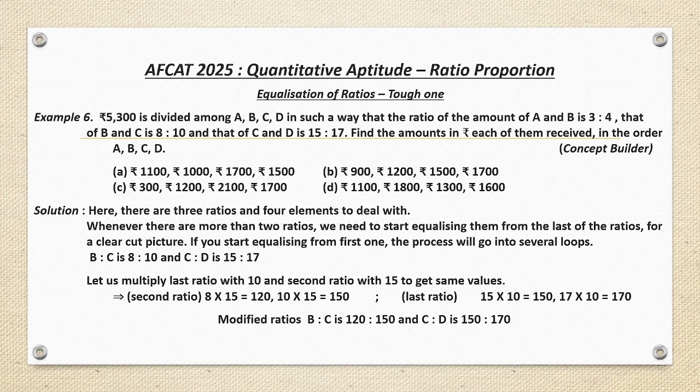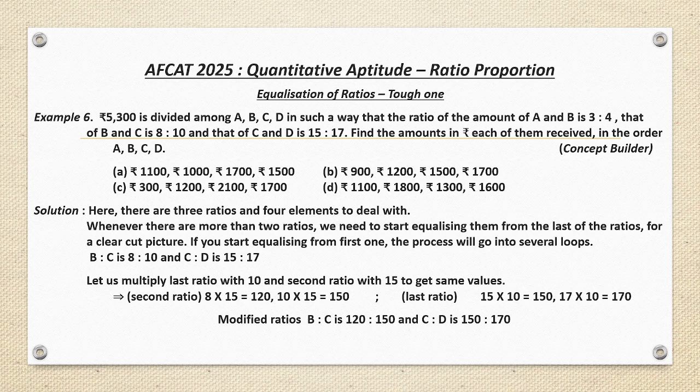So 8 into 15, we have got 120, and 10 into 15, 150. That is the second ratio, that is B is to C. And the last ratio, C is to D, we have to multiply by 10. So 15 into 10, 150, 17 into 10, 170. So in both the ratios, the C value we have got is the same, that is 150.